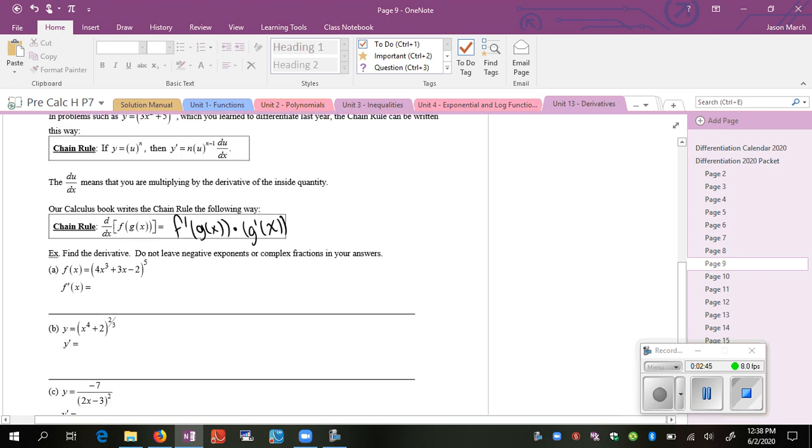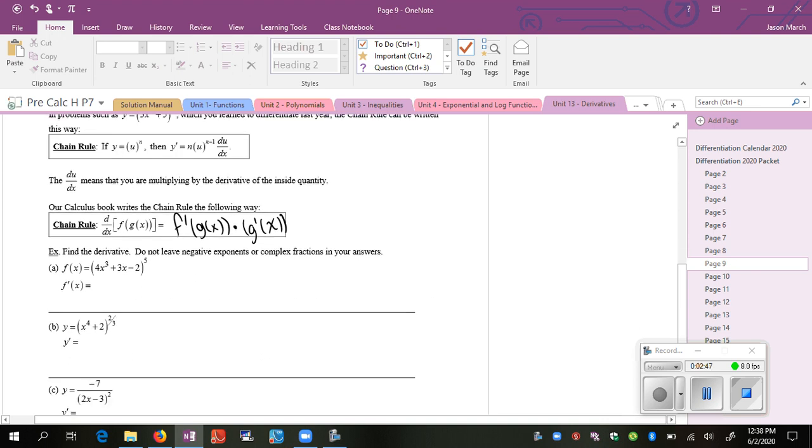So let's go through a few examples here. If I'm working my way from the outside in, on this first example here, I've got an exponent of 5 as the outermost thing. So I'm going to first apply the power rule, swing that in front. So I have 5 times the parentheses, with what's inside preserved, and then I decrease the exponent by 1.